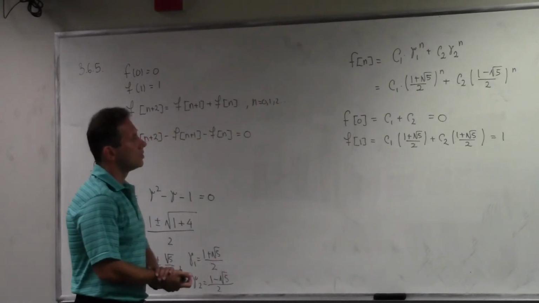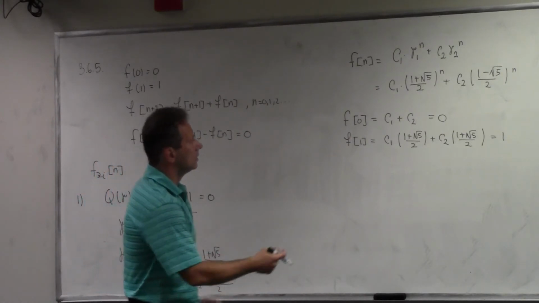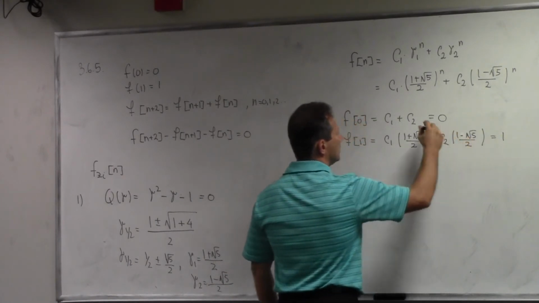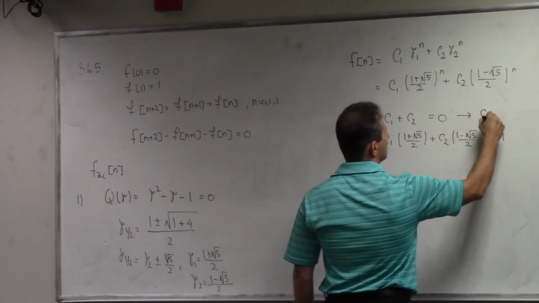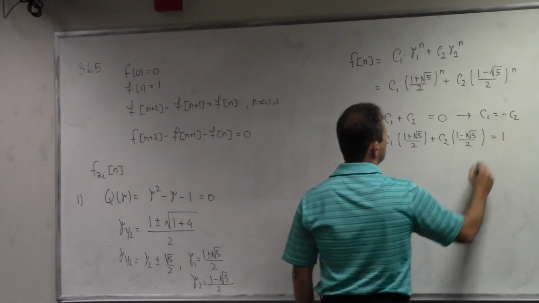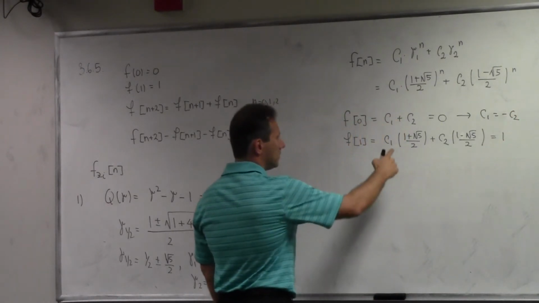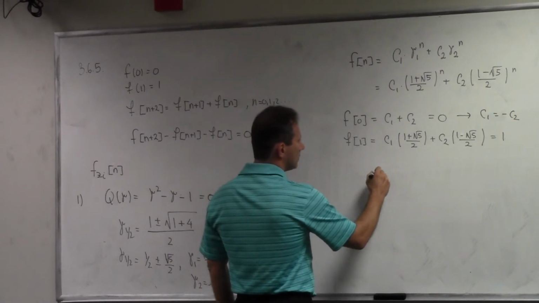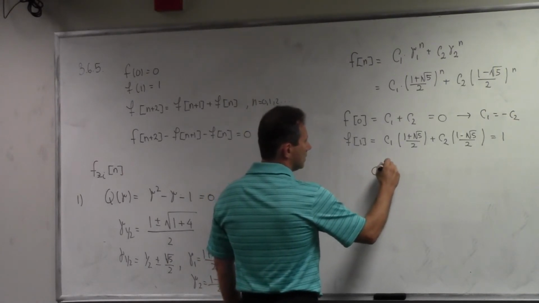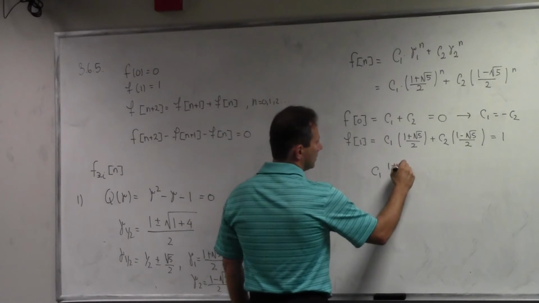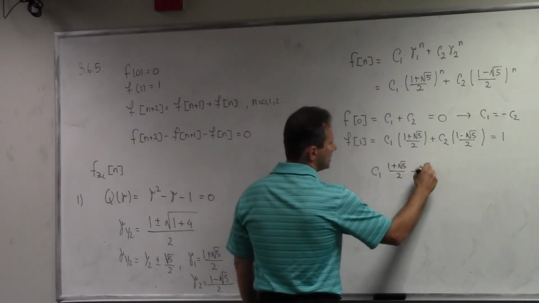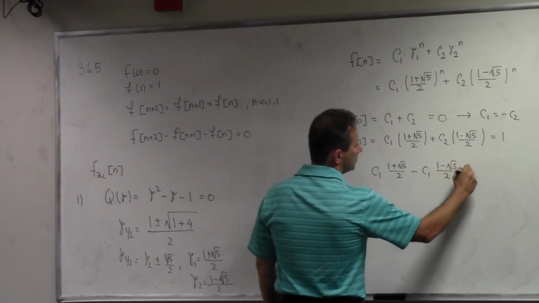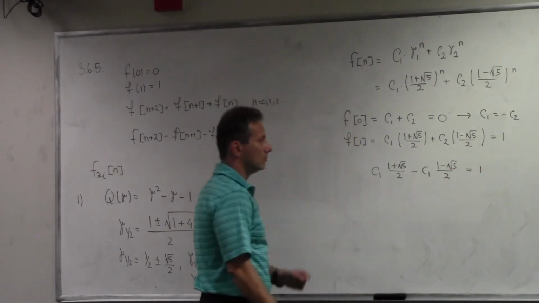And from here I can solve for the two of them, right? From the first one, I learned that C1 is equal to minus C2. And if I plug that in here, I get, for example, C1 times (1 plus square root of 5 divided by 2), minus C1 times (1 minus square root of 5 divided by 2), has to be equal to 1.